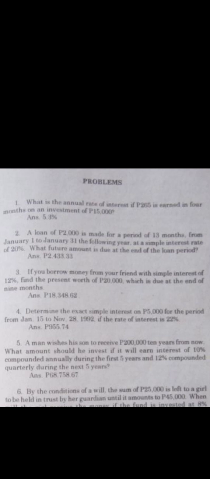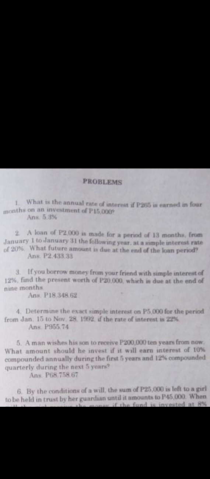Let's proceed to the next problem: determine the exact simple interest on 5,000 for the period from January 15 to November 28, 1992, if the given rate of interest is 22%. The first step in finding the simple interest is to determine if it is a leap year or a normal year, by dividing the year by 4.